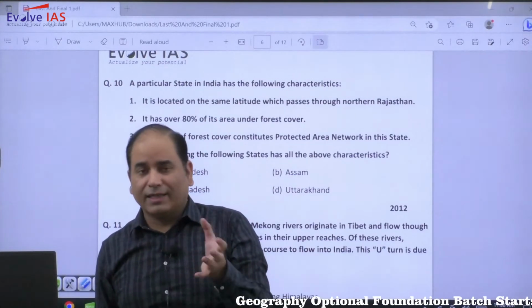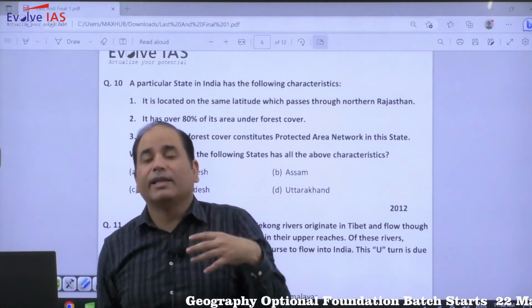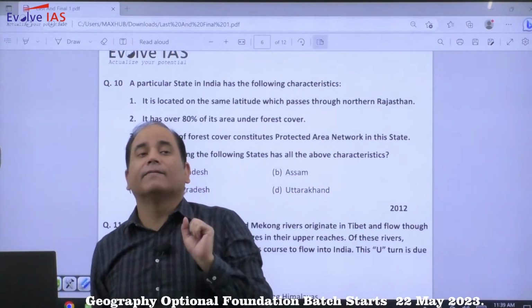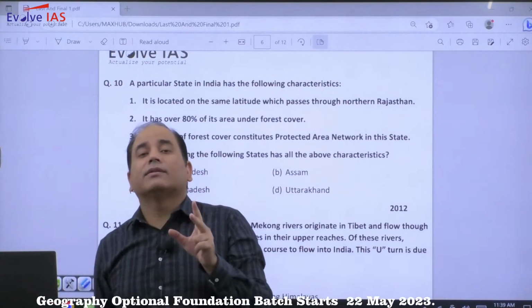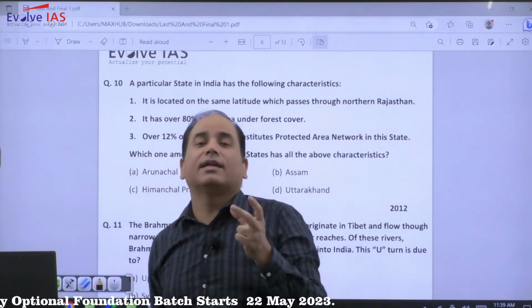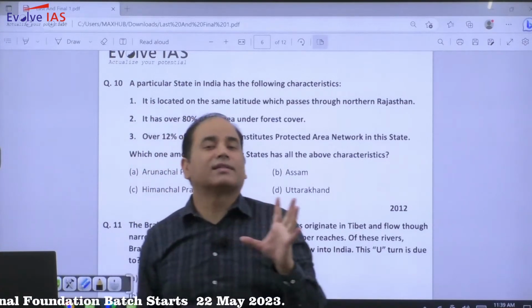If the state is very large, the forest cover will not be that high. Also, forest cover percentage is higher in mountainous states and northeastern states.